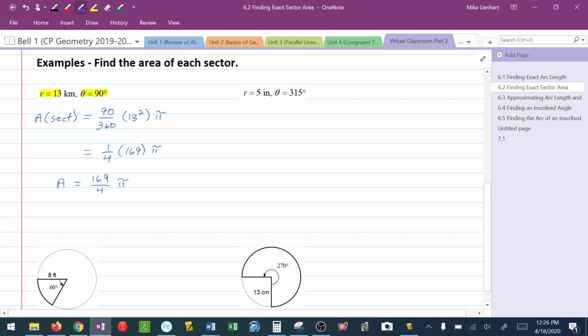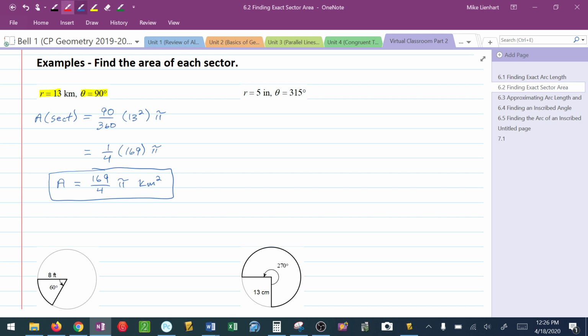And now we need to include the units. Remember, whenever we're calculating area, it's always units squared. So in this case, it would be kilometers squared. Again, just like we saw with the arc length, the hard part of doing these problems is simplifying the fractions.